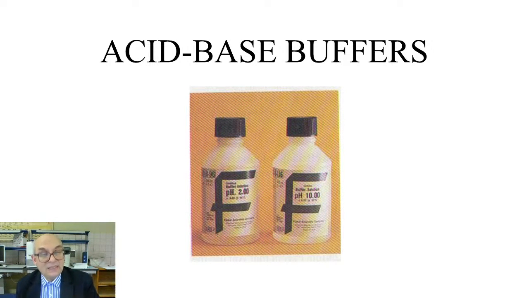For example, in a liter, we must have 1 mole of buffer acid plus 1 mole of buffer base, or any other amounts, but they must be relatively large amounts, a large number of moles. In this case, using strong electrolytes, for example, strong acids or strong bases, alkalis, is impossible.